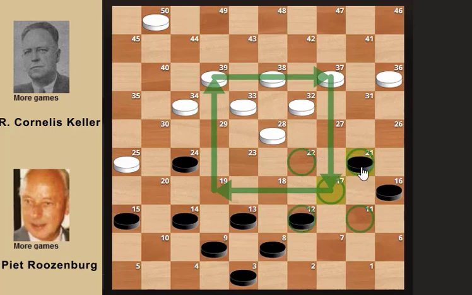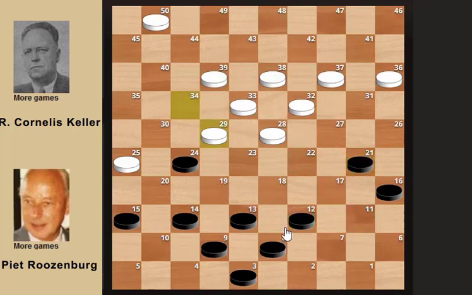So Roozenburg decided to take the 21 position. Then Keller played 29, 20 to take the piece at 24. Then the move was responded to by playing 13, 18 by Roozenburg.